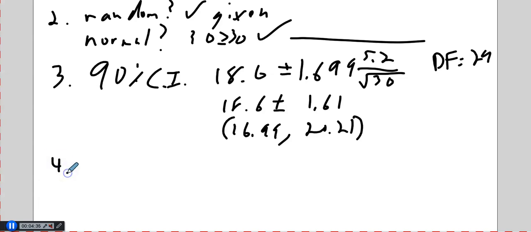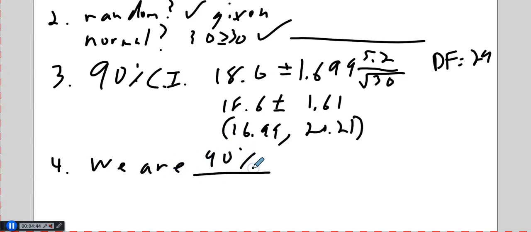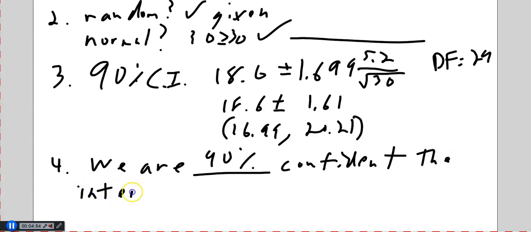We just need to make our classic statement, which is a fill in the blank. We are, fill in the blank, 90% confident, and I'm putting the underlines there to remind you that those are the ones we're filling in. Anything not underlined is just the standard stuff we write every time.